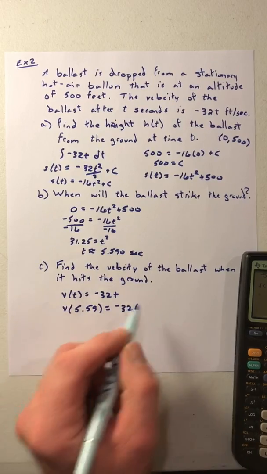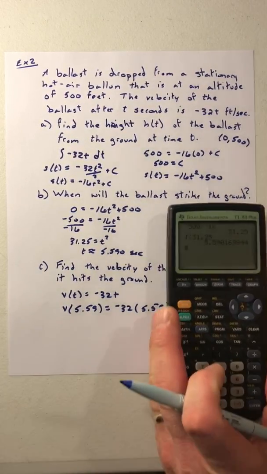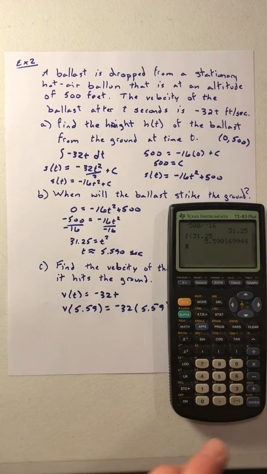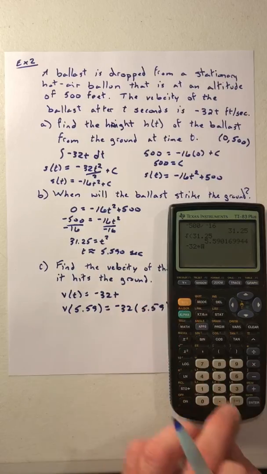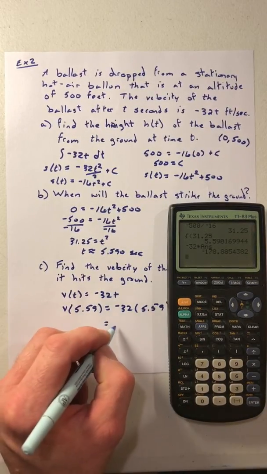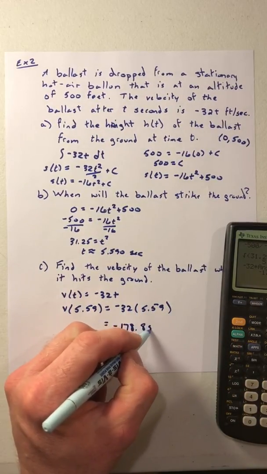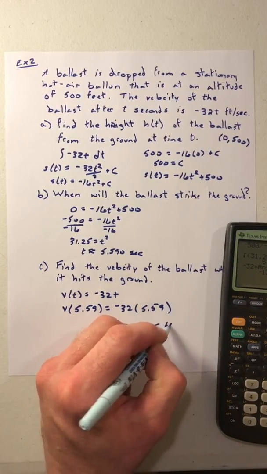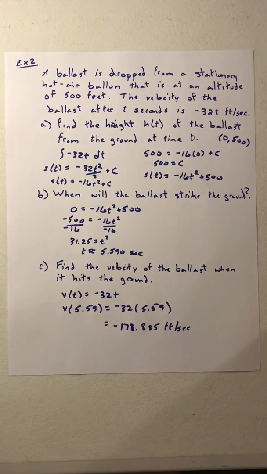That gives me negative 32 times my 5.59. Again, if I use my stored value in the calculator, I get a more precise answer. Negative 32 times my answer gives me a velocity of negative 178.885 feet per second. And those are a couple of types of word problems that we're going to see and we'll be working with over the next couple of days.